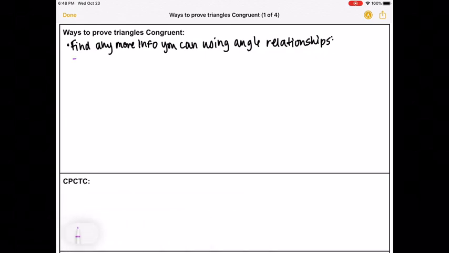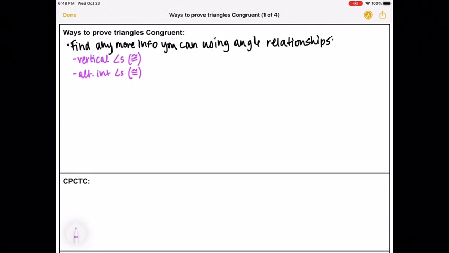So the first ones you could use: vertical angles. They're opposite each other and they are always congruent. All right, you could use alternate interior angles. That's on parallel lines, remember? Opposite sides of the transversal, but inside the parallel lines.